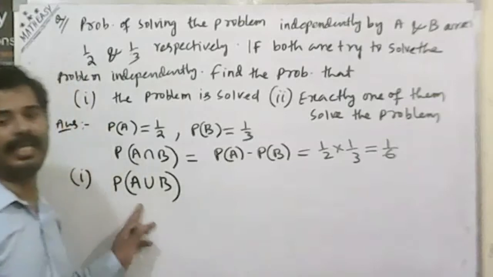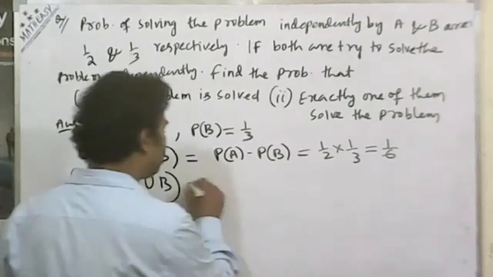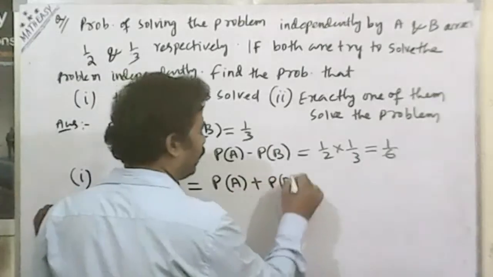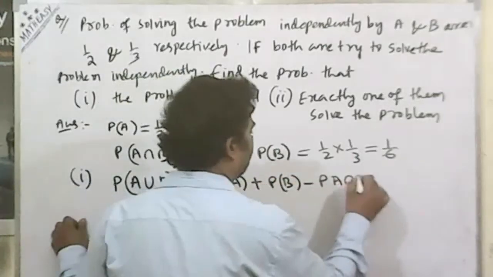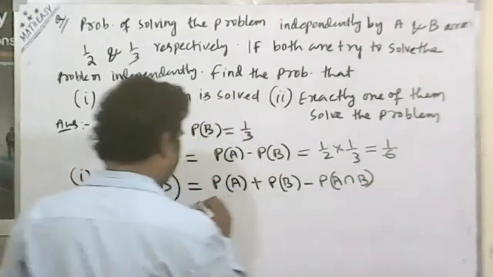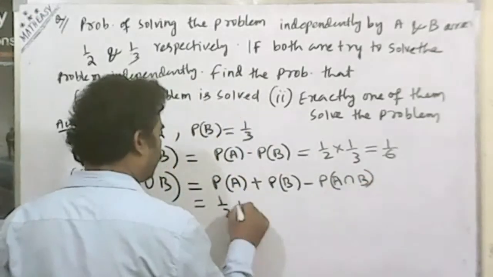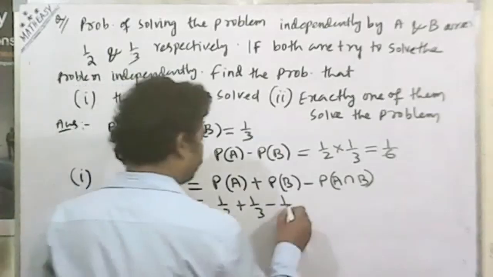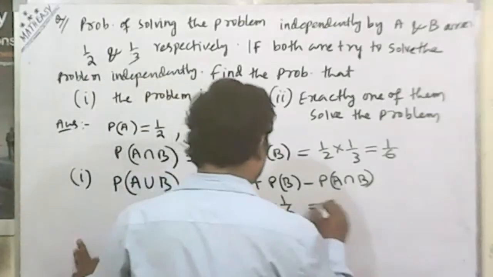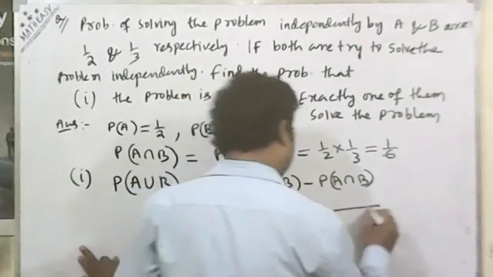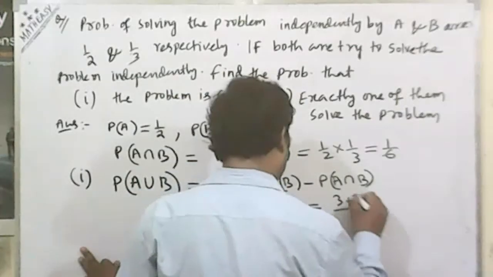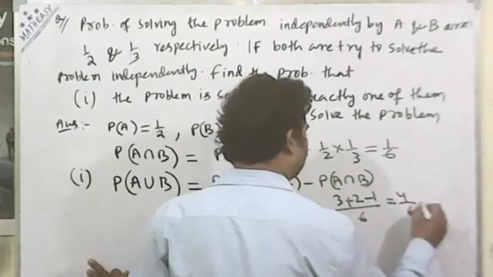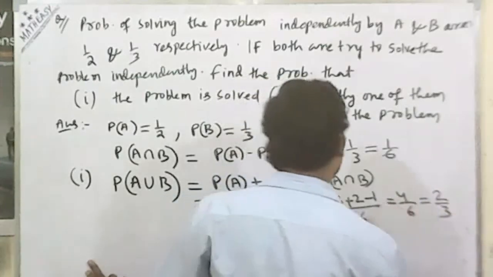So that's why it is A union B. It means probability of A plus probability of B minus probability of A intersection B. It means 1/2 plus 1/3 minus 1/6, which is equal to, 6 is the LCM, 3 plus 2 minus 1, means 4/6, that is 2/3.